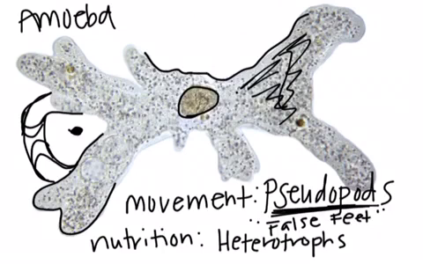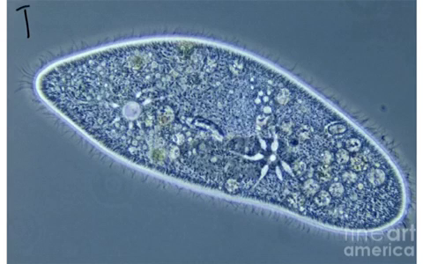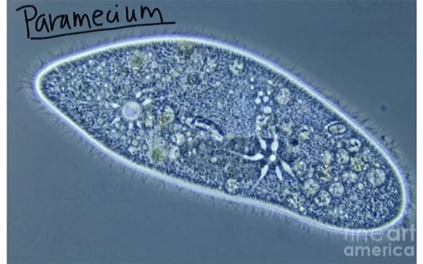Now, moving forward, we have this little guy here known as the paramecium. Now, if you look closely at the paramecium around the cell membrane, you may see these funny little hairs. This is what helps our paramecium get around. These things are called cilia.